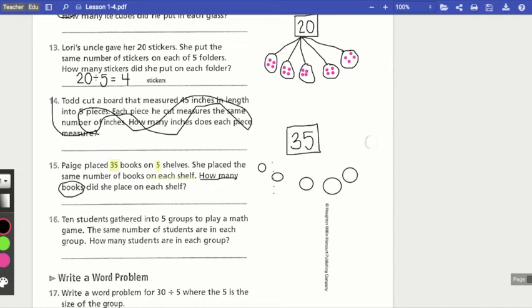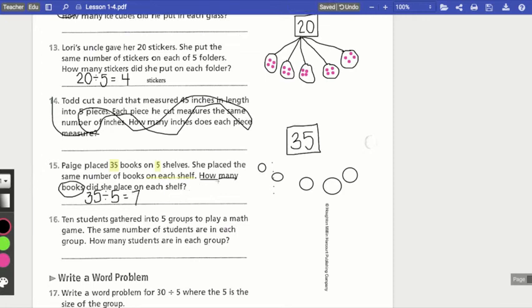What'd you get to? 7, very good. So our equation again starts with our big number on top, 35, divided into those 5 groups, or those 5 shelves, equals, and the number that you found was 7.